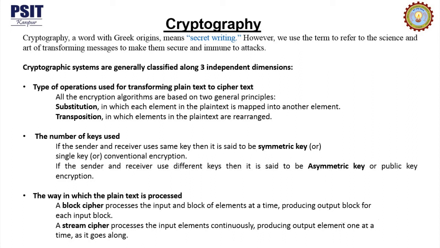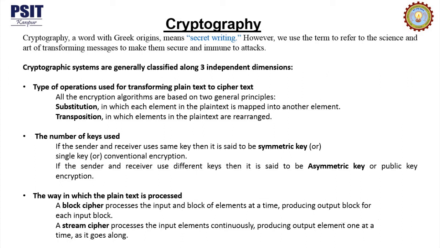In symmetric key cryptography, we use the same, single key for the encryption and decryption of a message. Whereas in asymmetric key cryptography, we use different keys for encryption and decryption. It is also called public key encryption.